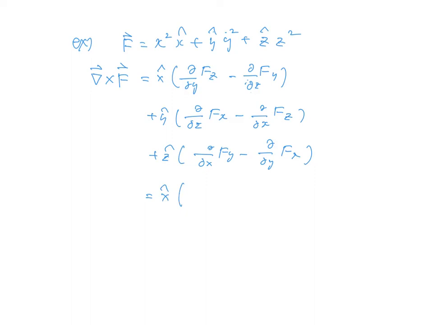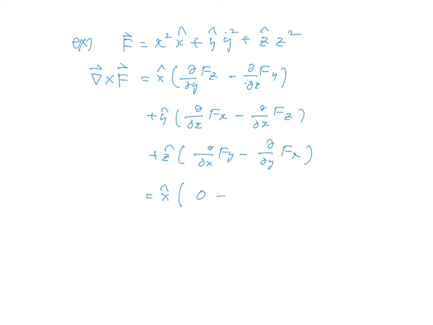So fz is z squared, right? If we take a derivative of z squared by y, what do you get? If we differentiate z squared by y, 0, right? So the first term is 0. How about the second one?